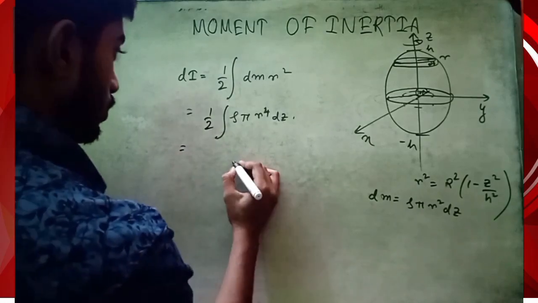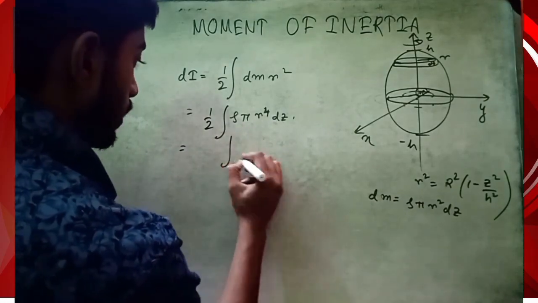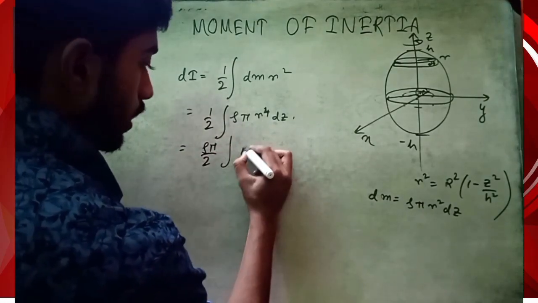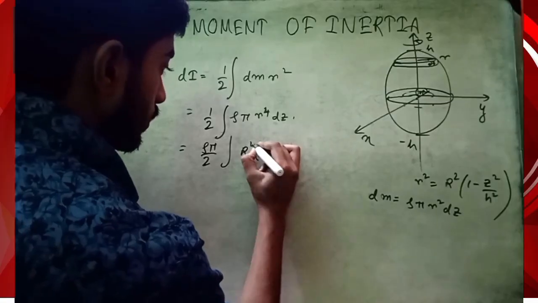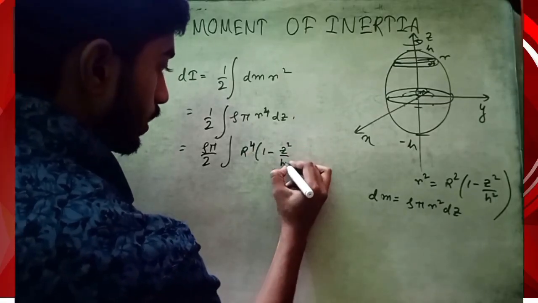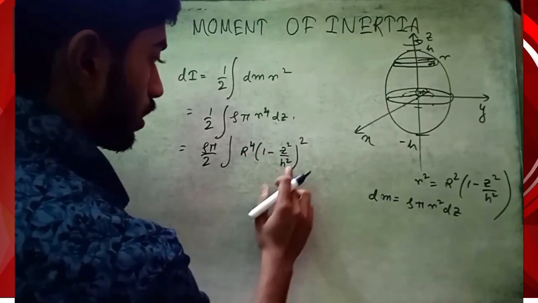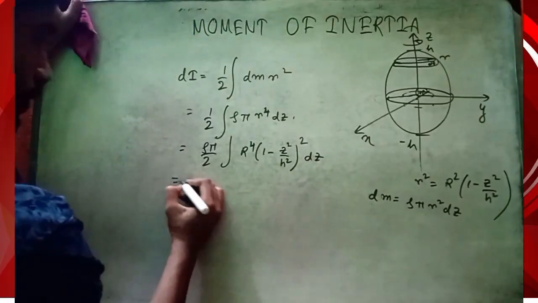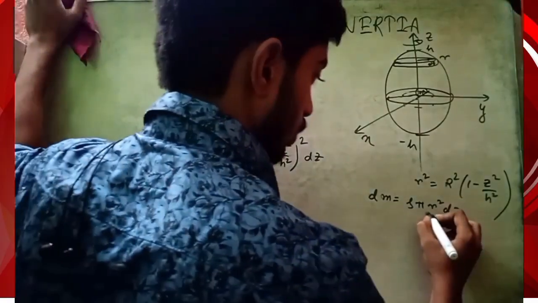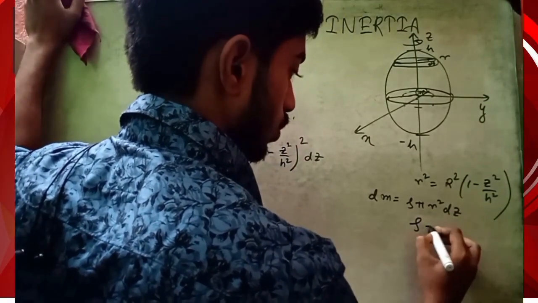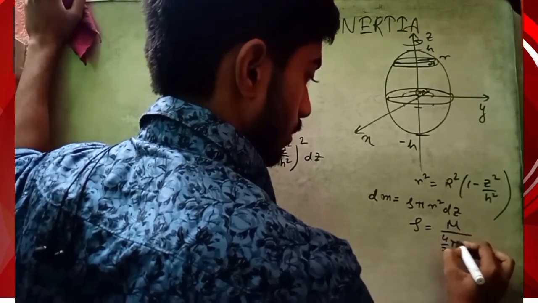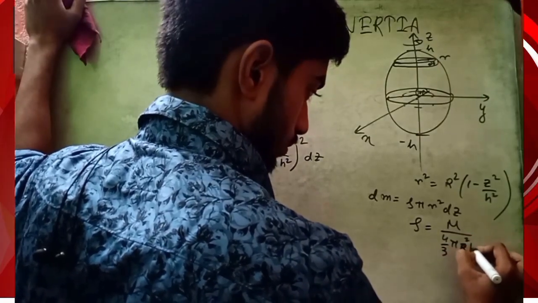So what is the value of r to the power 4? It is R square into 1 minus z square by h square, whole square, dz. And what is the value of rho? Rho is m divided by 4 by 3 pi R square h.